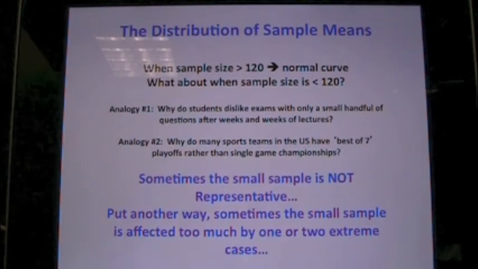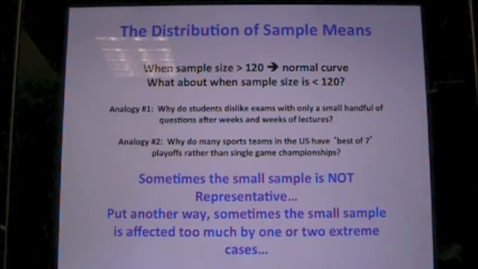In a single-game series, like the Super Bowl, if one player has a particularly bad or a particularly good game, it can inordinately affect the outcome of the championship. You can have one amazing player hit 4 home runs, well, it's never happened, but hit 4 home runs in one World Series game, and their team can still go on to lose the World Series 4-2.